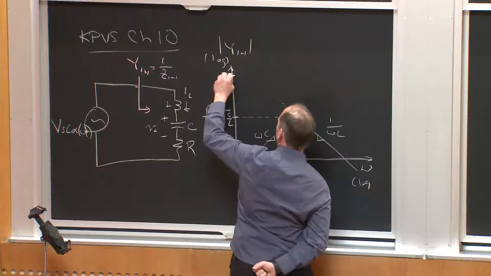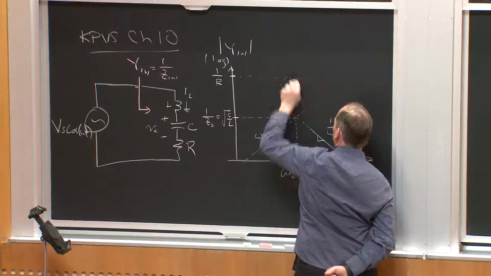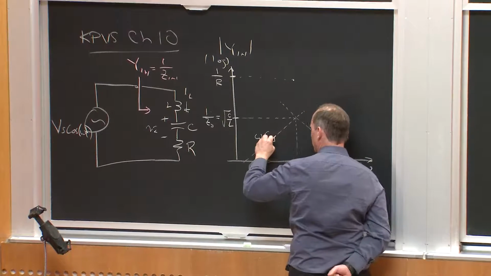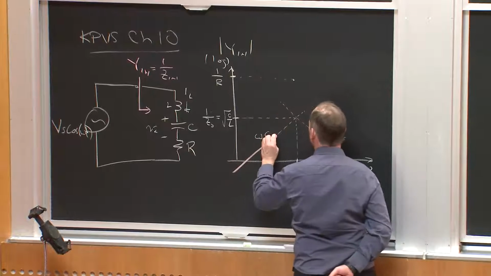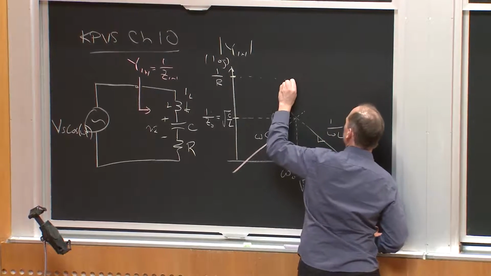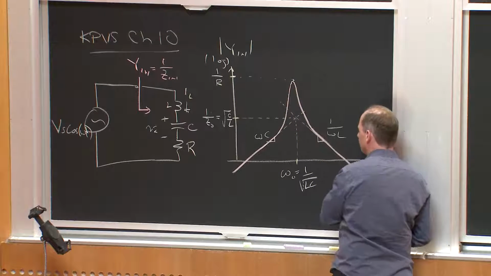So maybe it looks like something like this. I have 1 over R where it peaks up to. So maybe my admittance characteristic looks something like this. It rises. I'll have some region about which it peaks up. And then it falls.